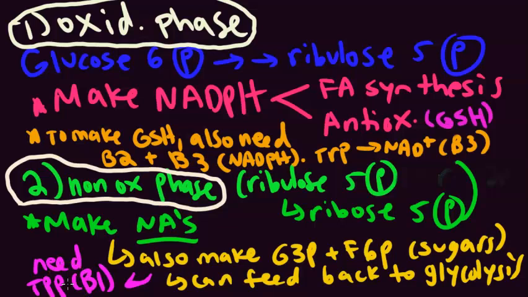Okay? But anyways, let's go back to NADPH, which is made in the oxidative phase. This NADPH is crucial to make fatty acids in the mitochondria, right? In a process known as fatty acid synthesis. It's also used, and that's what we care about in this video, to make the antioxidant glutathione.